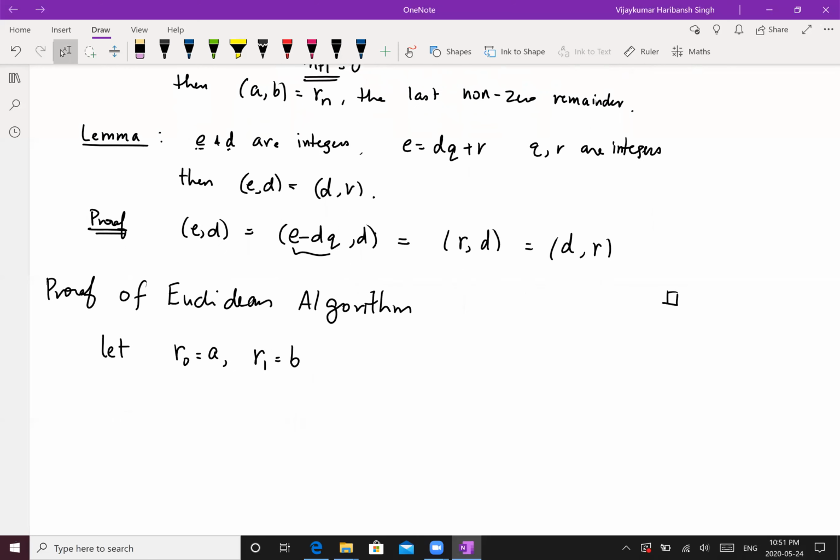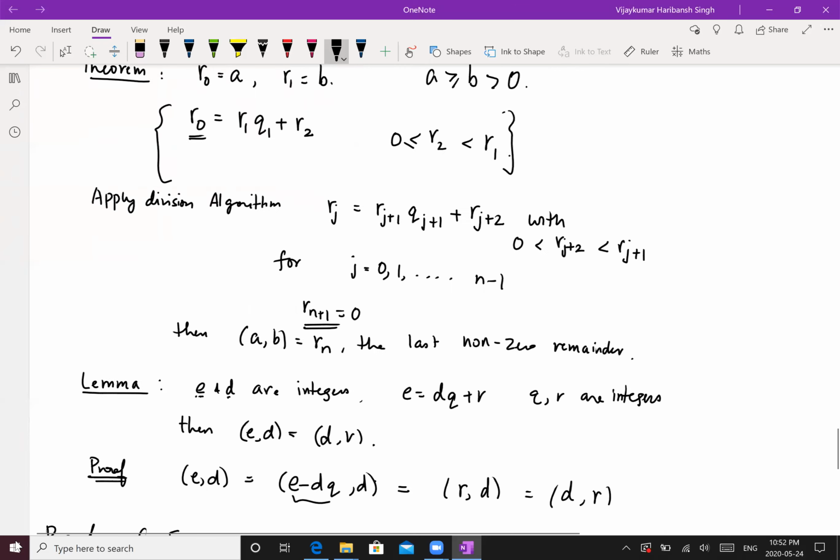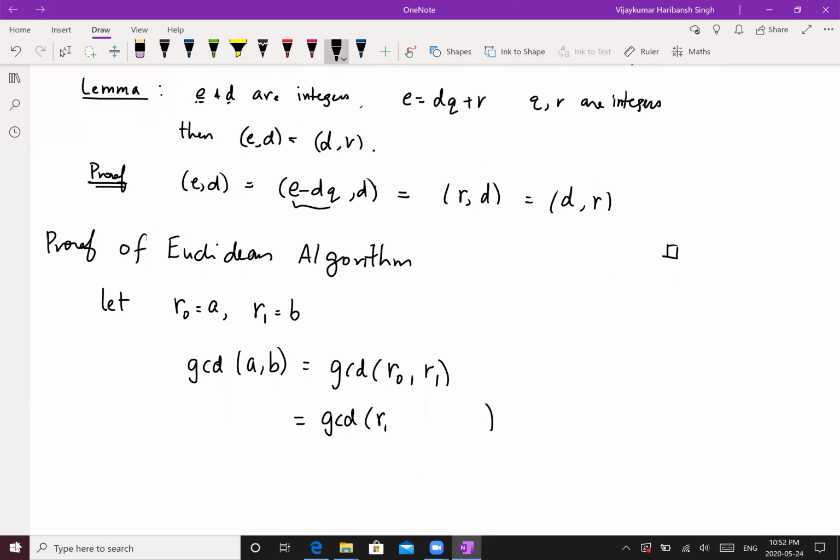GCD of A, B is, first of all, GCD of R0, R1. Now I'm going to replace R0 by R0 minus Q1 times R1, comma R1.